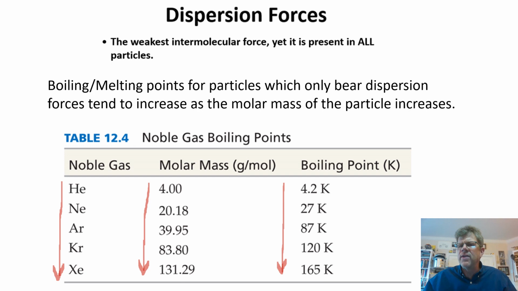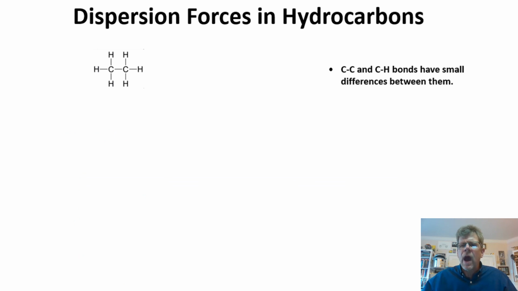Let's look at another one. So we're going to end up with two types of particles that only bear dispersion forces, and noble gases is one, and we'll take a look at another one right now. Hydrocarbons. Hydrocarbons are examples of particles, in this case covalent molecules, which only bear dispersion forces.